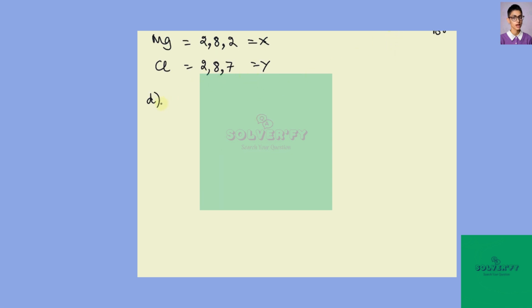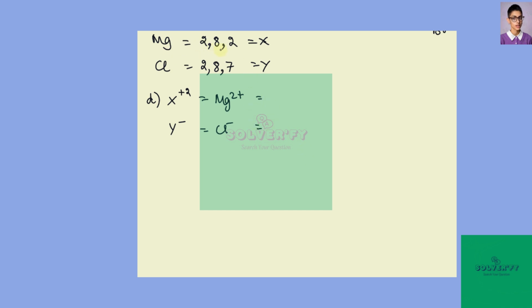Now in the D part of the question we have to write the configurations of the ions of X and Y. So X was existing as a 2+ ion and Y was existing as a -1 ion, or we can say X2+ will be actually magnesium 2+ and Y- will be chlorine negative. So let's write the configurations.